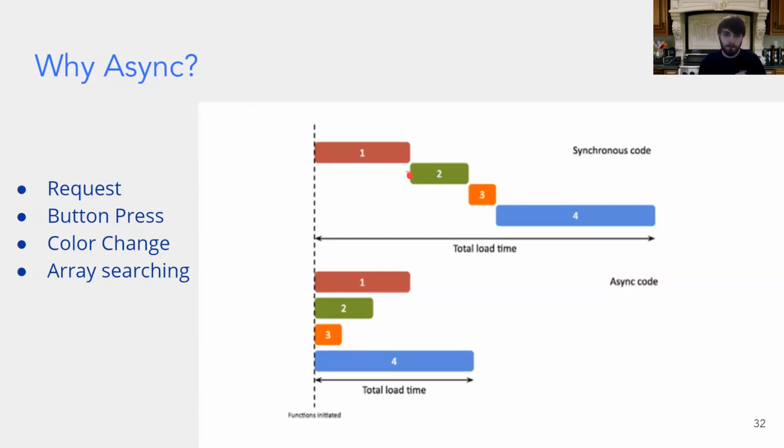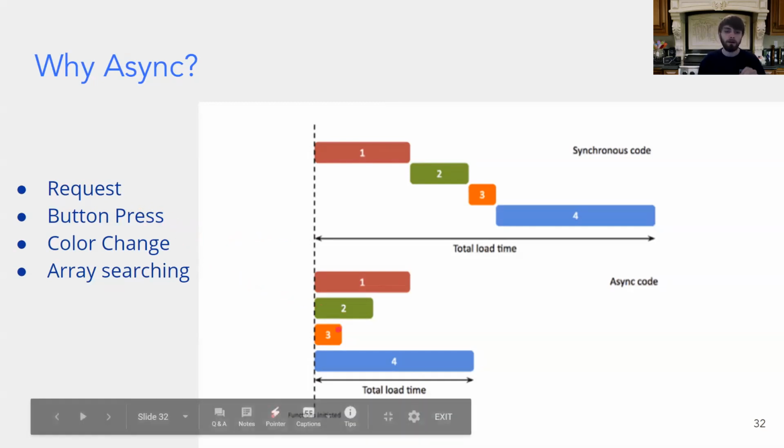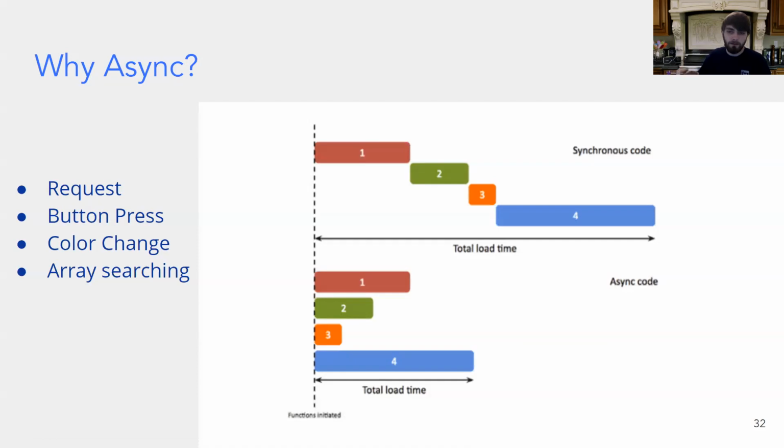In the asynchronous world, we can let that request do whatever it's trying to do, but at the same time, we can do our button press, we can do our color change, we can let the user do what the user wants to do while all that slow internet stuff happens in the background.